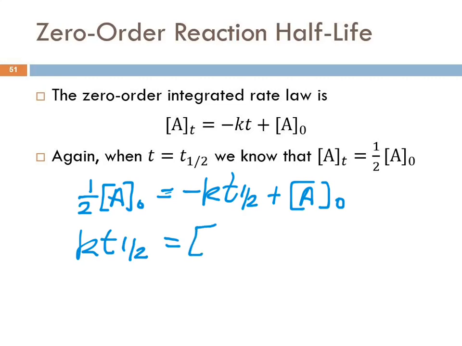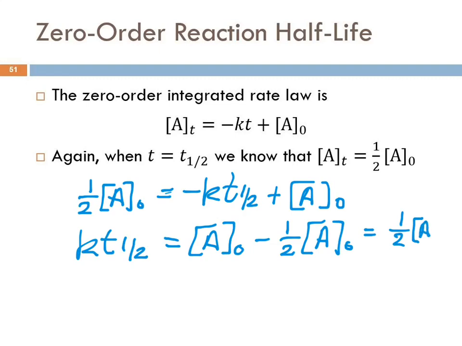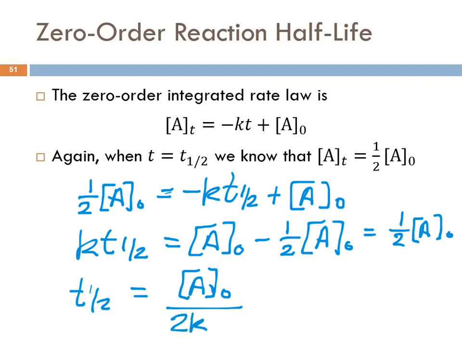And then I've got the A0. And to bring this over here, I subtract it. And so that equals 1/2 A0. T1/2 equals A0 over 2K.